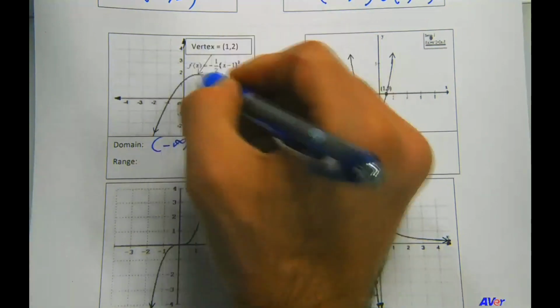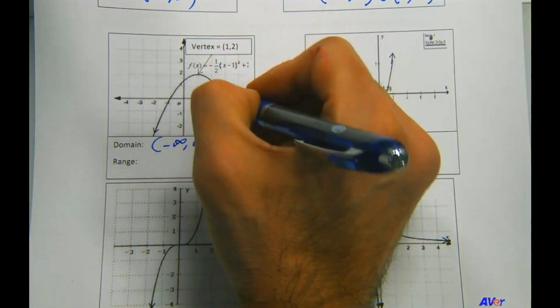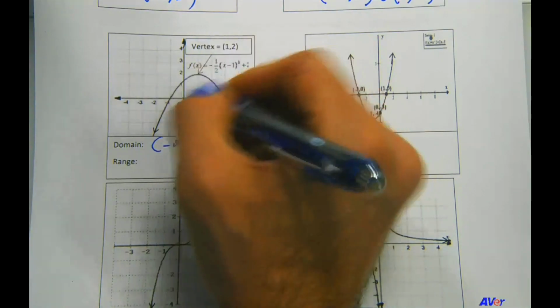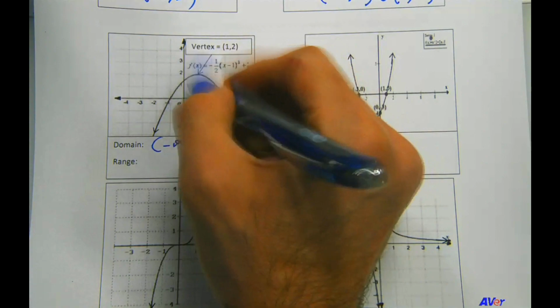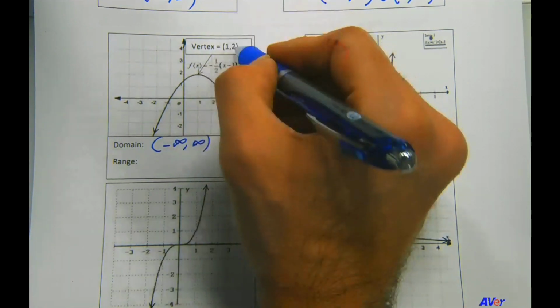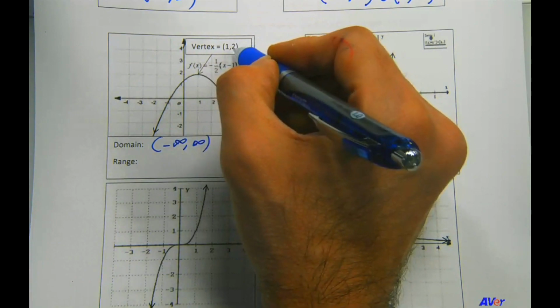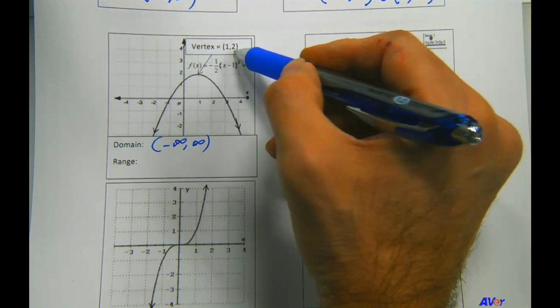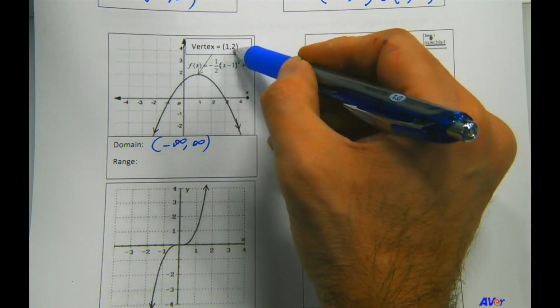It just simply curves back down. So there is a maximum point beyond which this graph cannot go along the y-axis. What is that value of y? If you look at this point, it says 1, 2. So the maximum y value that this graph can attain is positive 2.